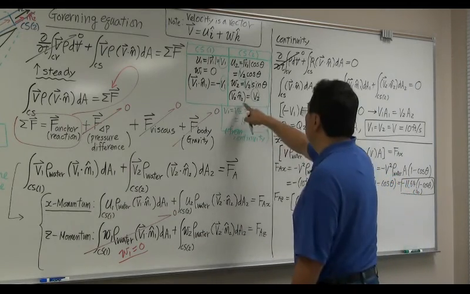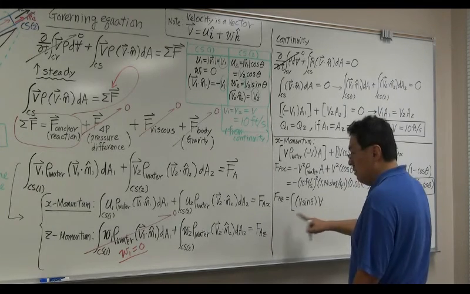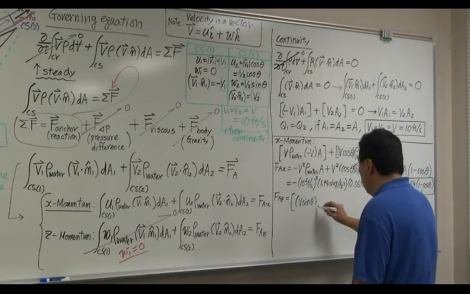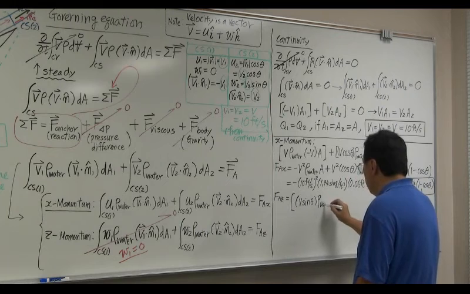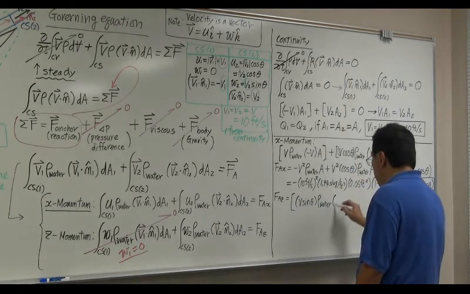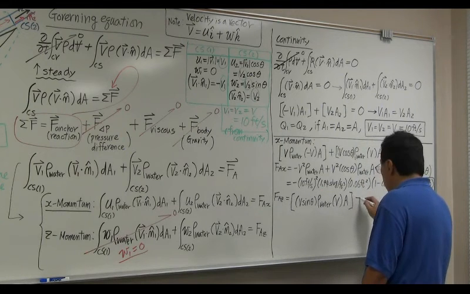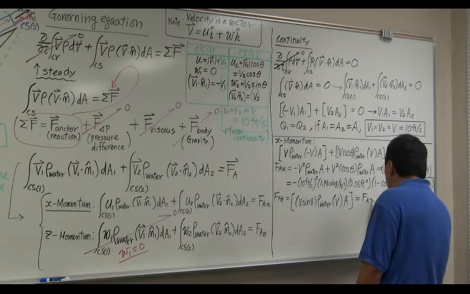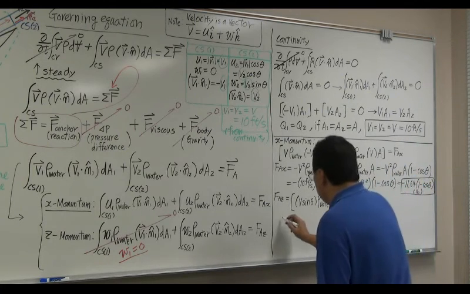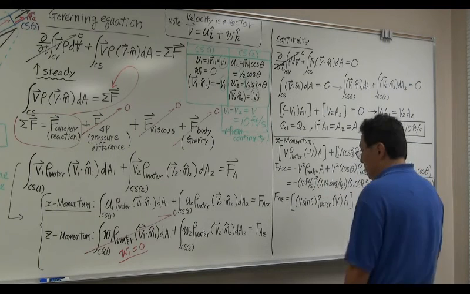B2 dot N2, just B. Ah, I forgot the rho. Sorry. Rho water. B2 dot N2 is just B. Cross section area is A, which is equal to FAZ.